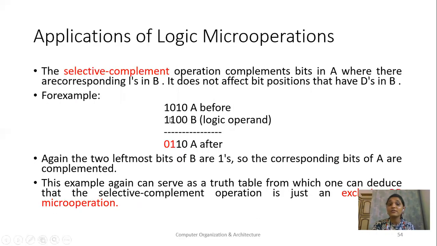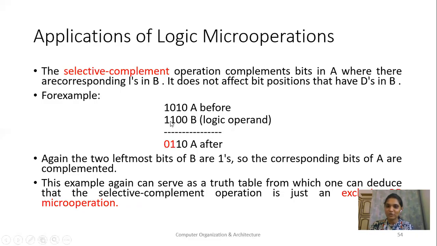Similarly, if you want to selectively complement, for example, I want to complement this 1 0 number. That means in place of 1, I should get 0, and in place of 0, I should get 1. How can I get this? By just XORing, right? But with what?